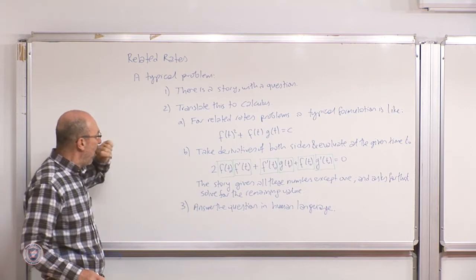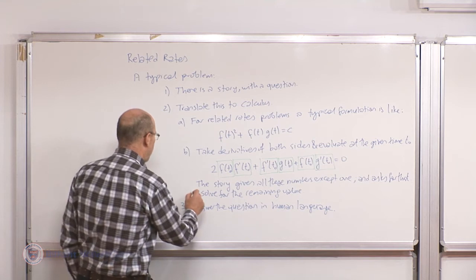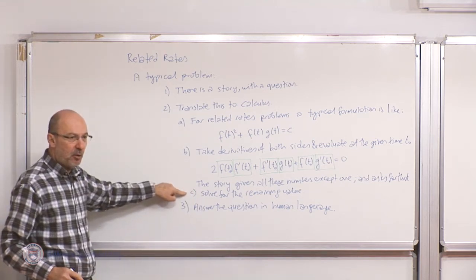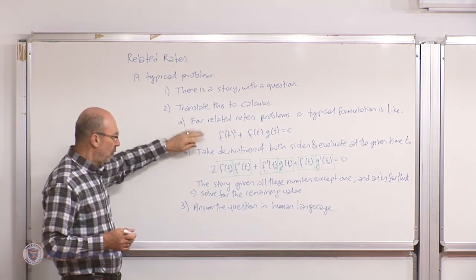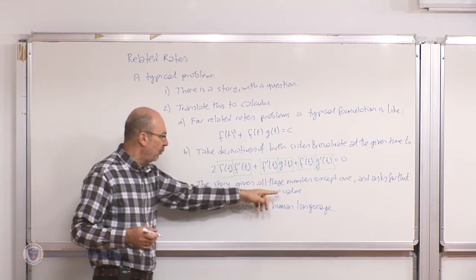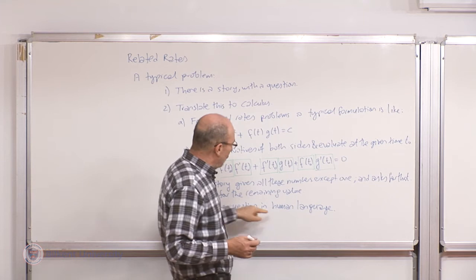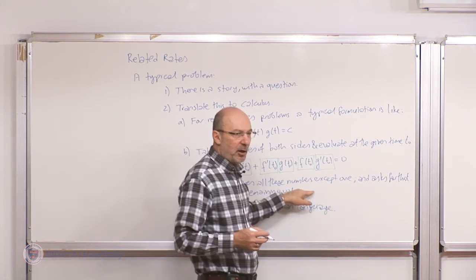You translate to this calculus, and let's say this is the C part. You solve the calculus problem. This is important. In particular, in the exams, you more or less do this, and here you have some value. It turns out that in the human language, the number 5 will pass, and you have 5 somewhere here.